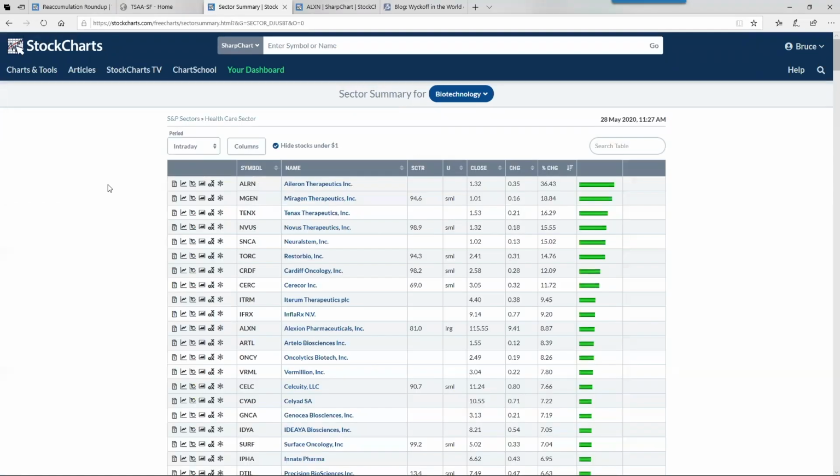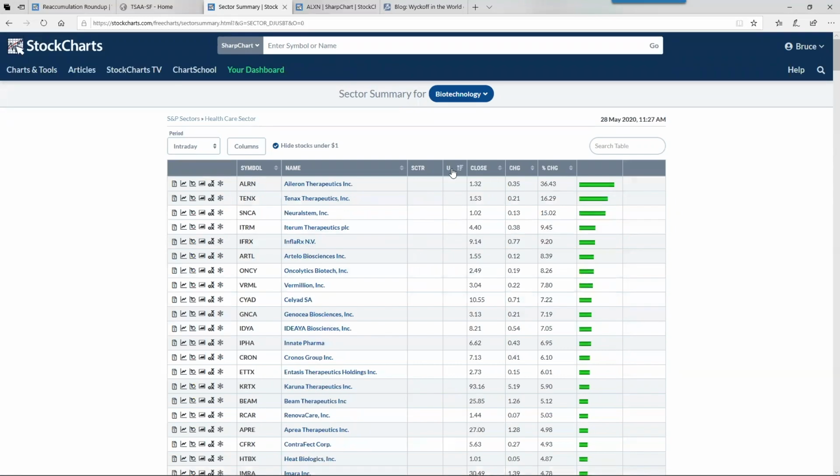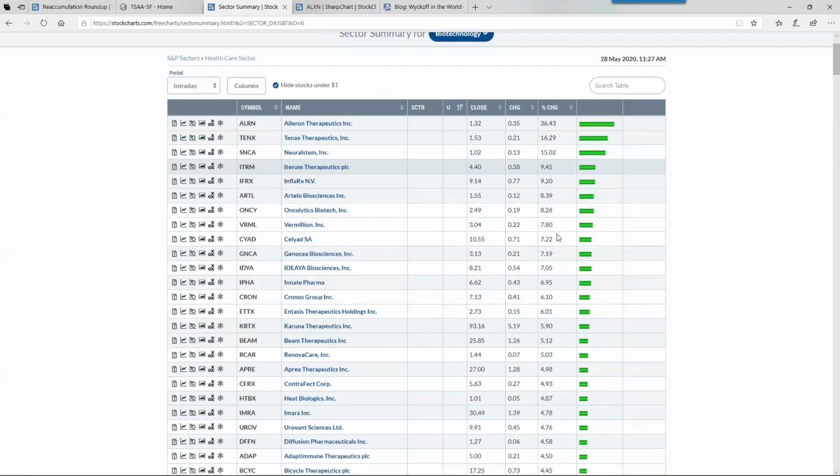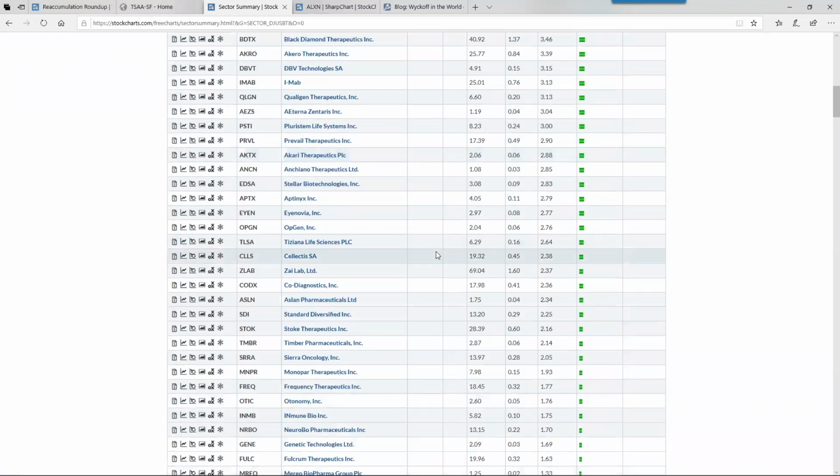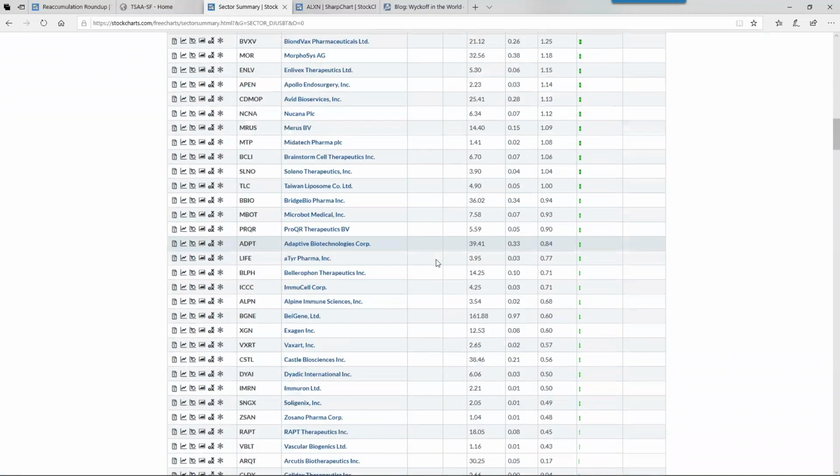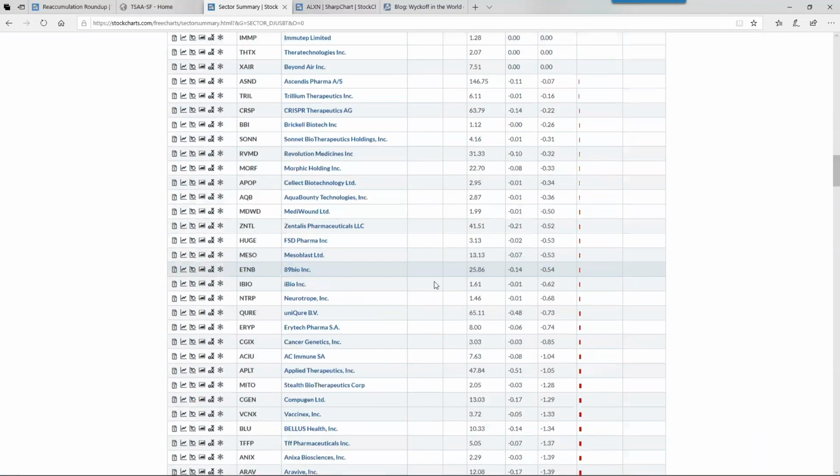And so here we are looking at the individual stocks. We can sort them by their market cap, and you can see that there's just a huge number of public companies trading in the biotech space.